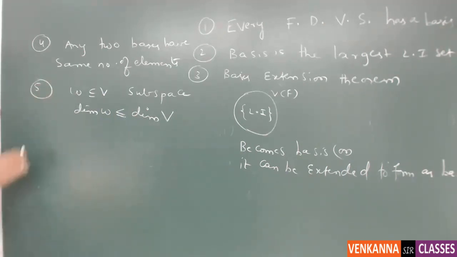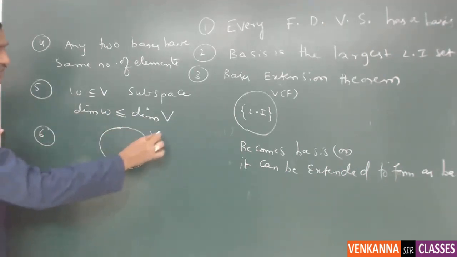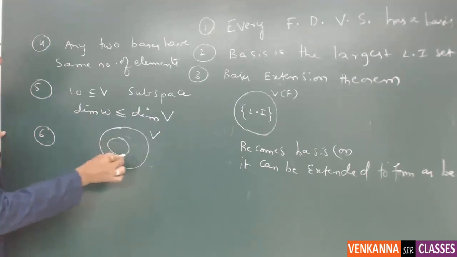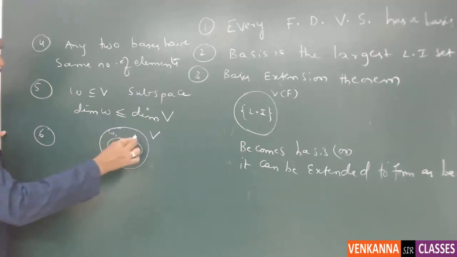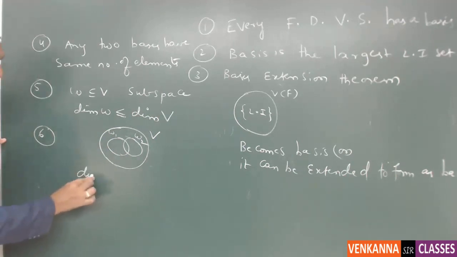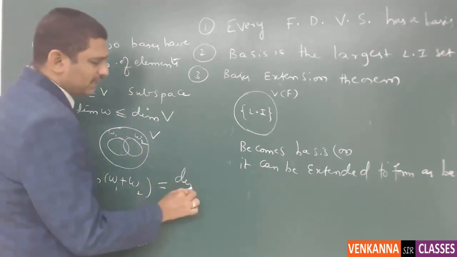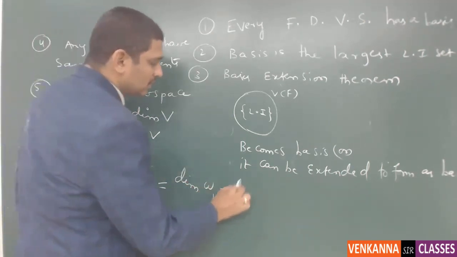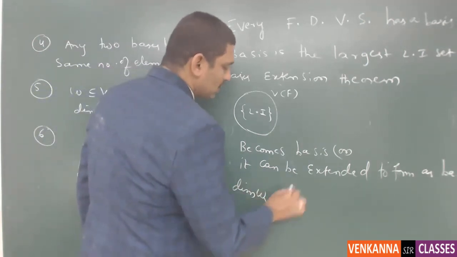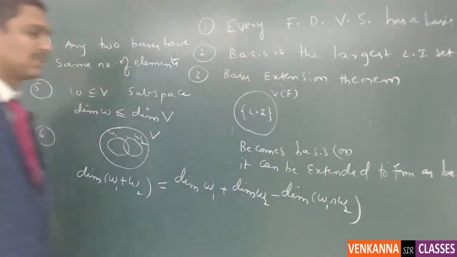And another one we say: let me say this is my vector space V and I have taken two subspaces here. Now I consider the sum of the subspaces. If you want to find the dimension, the formula is dimension W1 plus dimension W2 minus dimension of the intersection. This is a very useful formula while solving problems.